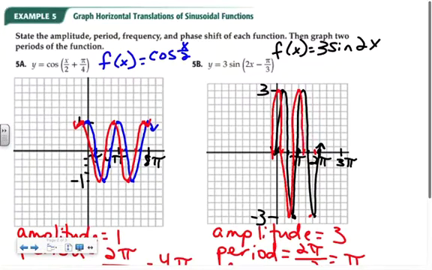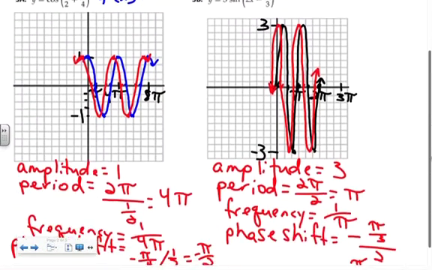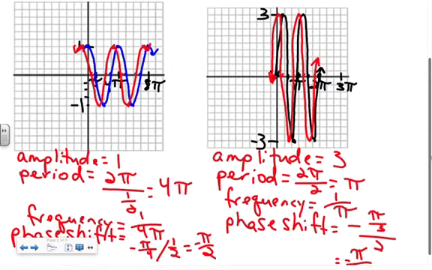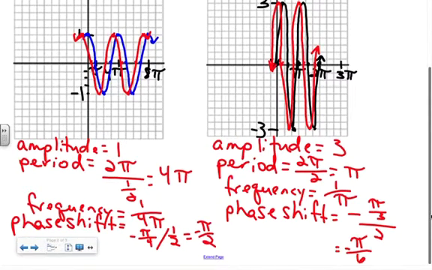Hopefully you're going through your dots better than I am. But again, probably the most important thing is being able to calculate all this stuff and understand where it plays into your graph.